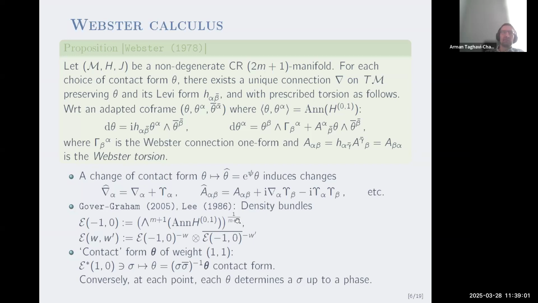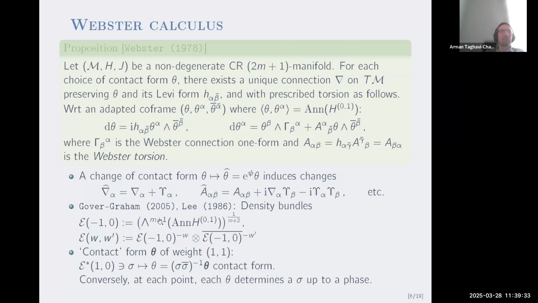Then I can assume that I can take a particular root of this complex line bundle, and it defines another complex line bundle, which I denote E minus 1, 0. In this case, I will say that a section of this bundle has weight minus 1. You can take the complex conjugate of this bundle, and you get a bundle which would be E 0, minus 1.